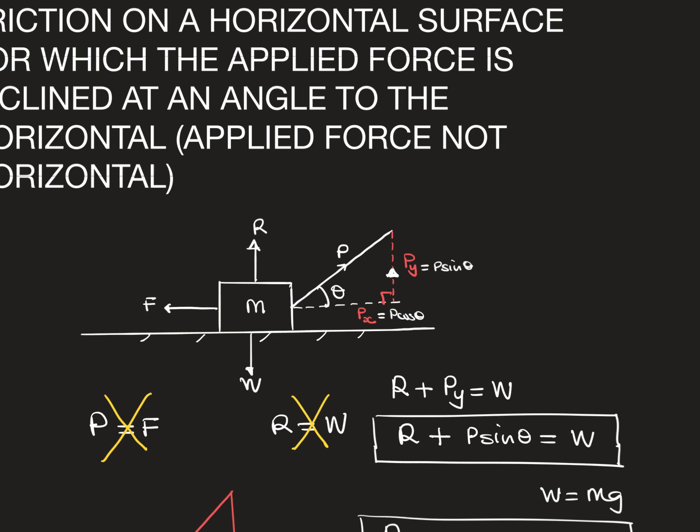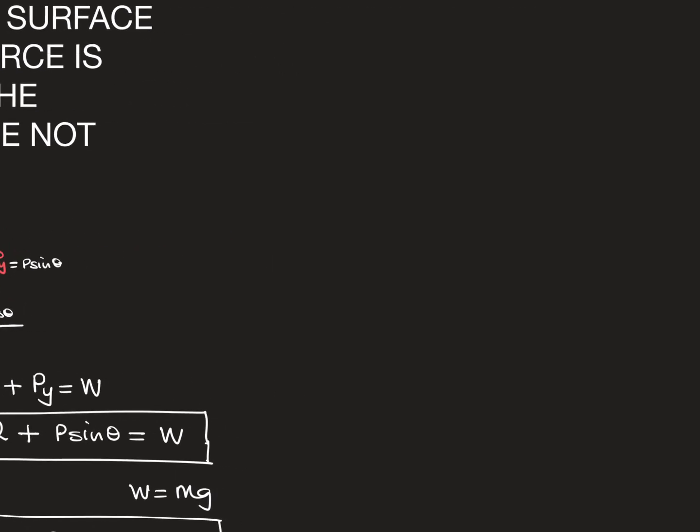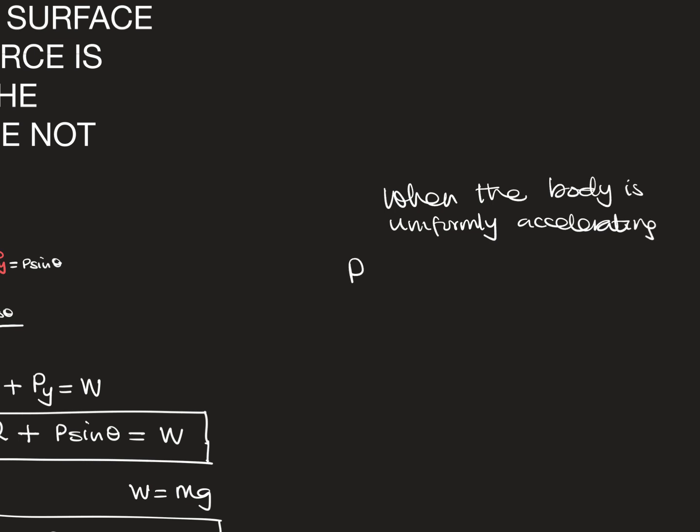All right, so when the body is accelerating, the P cos theta must be greater than the frictional force.